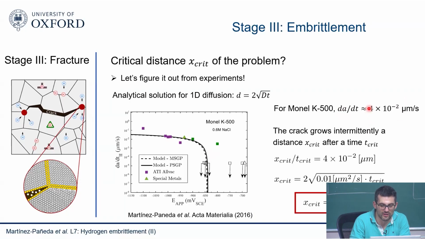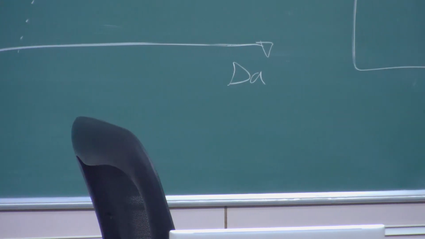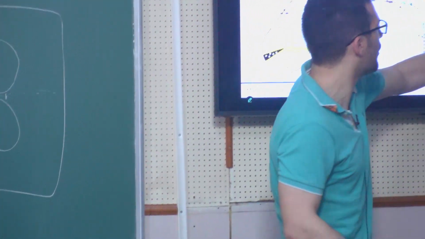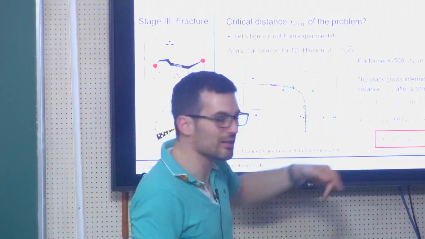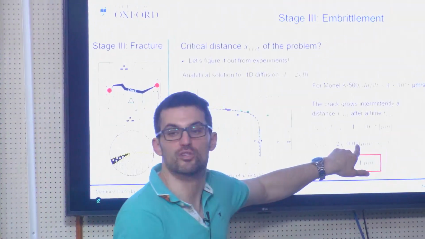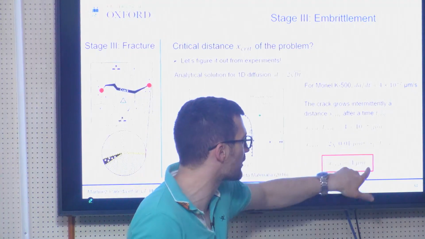So then if you think of crack growth, basically you have 2 algebraic equations to solve. You have an equation that tells you the hydrogen is moving a critical distance, jumping, my crack is going a critical distance at 0.04 microns per second over whatever time is critical, and then you take this diffusion equation, the critical distance the hydrogen will take to travel. We know the diffusivity of the material, in this case it is 0.01 microns squared per second, and the critical time.